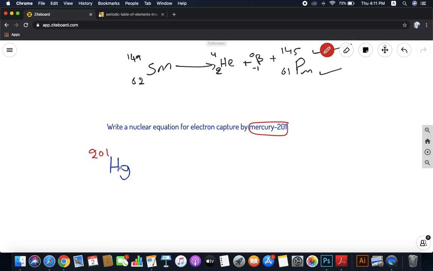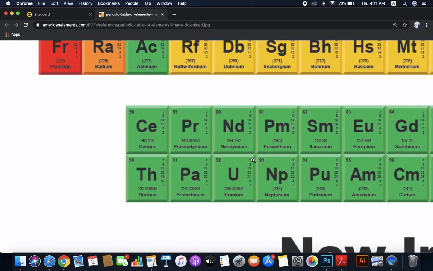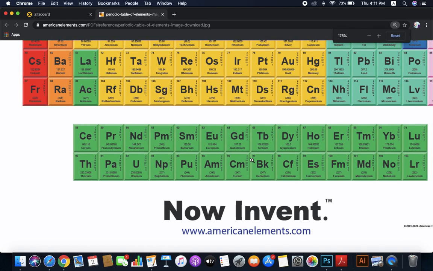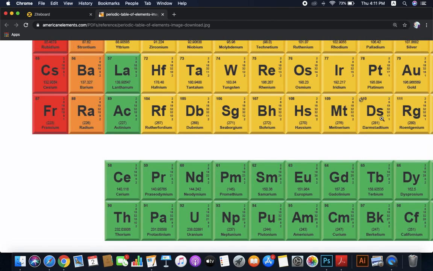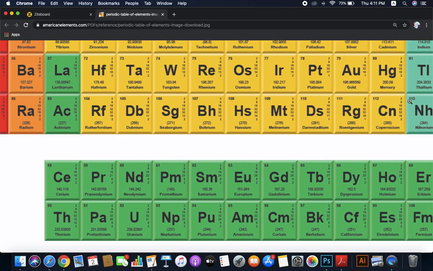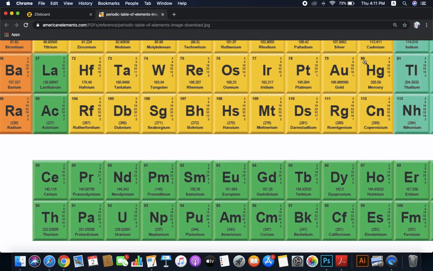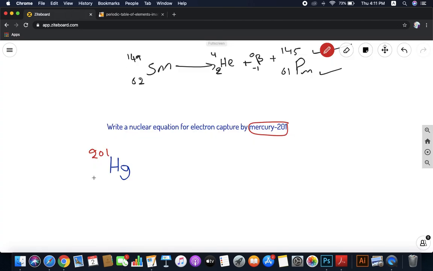Now what's the number of protons for Hg? Here, I will check it. Here, Hg is 80. So here I will write 80. Now, electron capture. I need you to know that the electron capture is the only one that will be in the reactants because it's capturing.